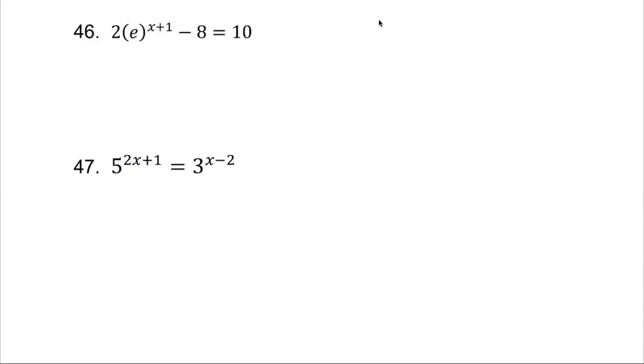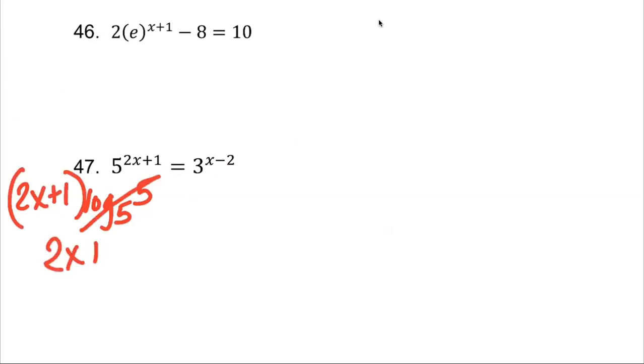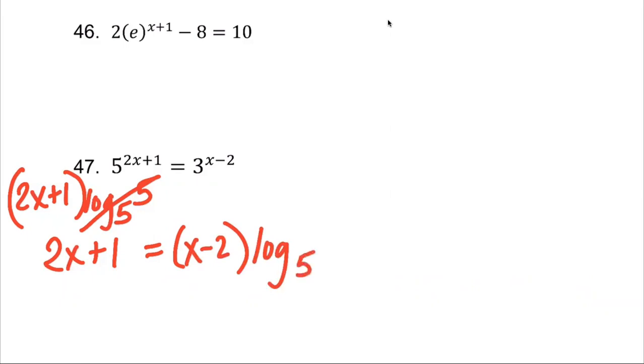So if I chose log base 5, the long way would be this 2x plus 1 would jump out front, and the log base 5 of 5 would cancel. So I would just have 2x plus 1 on the left. Then on the right side, I would have x minus 2 in parentheses, times log base 5 of 3.